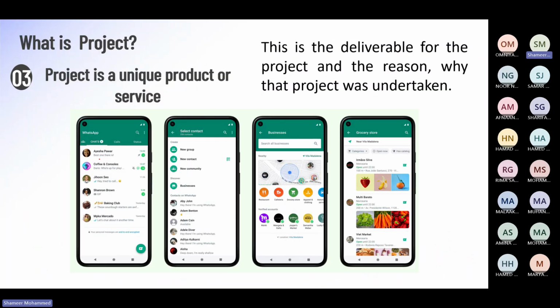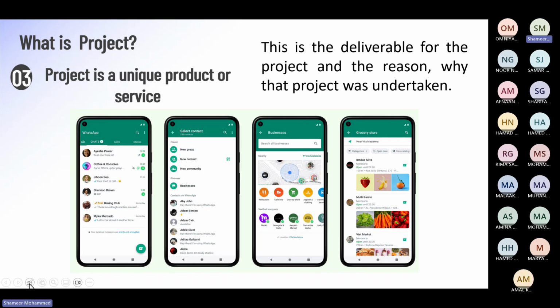Number three, unique product. Now, can you see the pictures here? What do you see, my dear students? What do you see in this first picture?